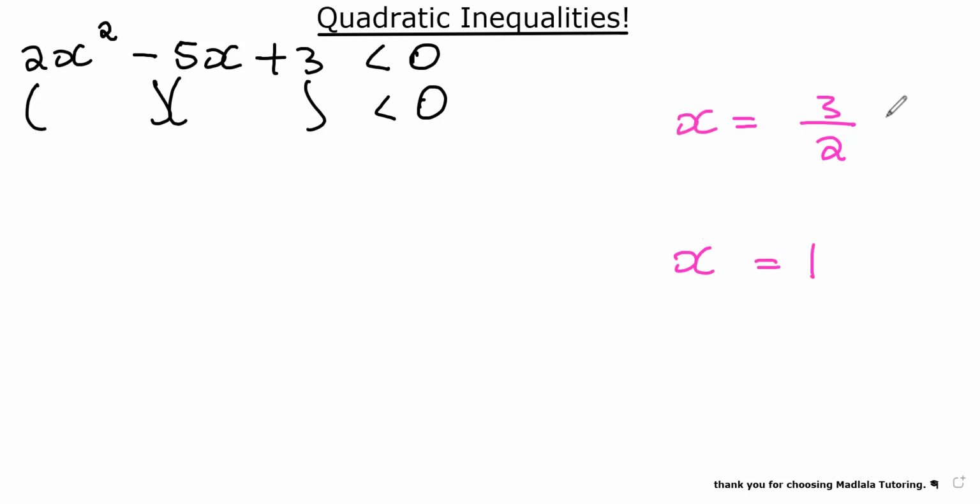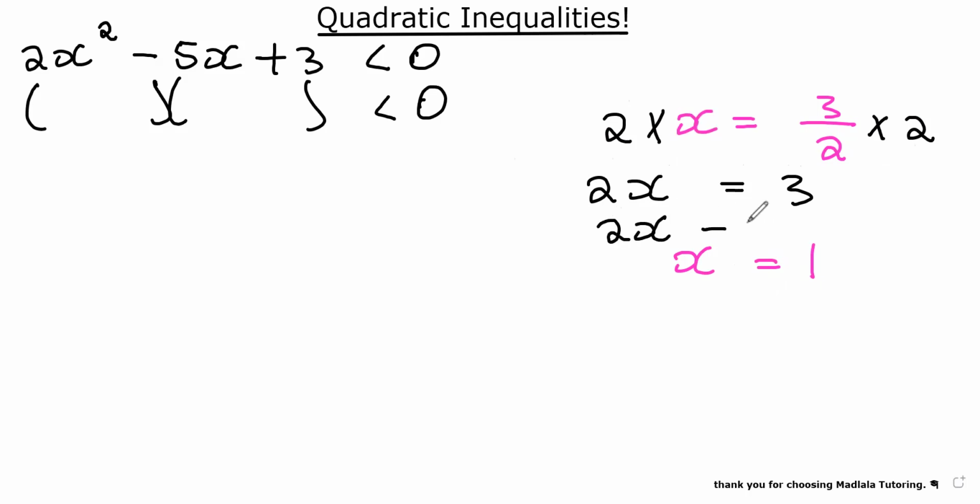Now this one, which is a fraction, we have to reverse it by multiplying both sides with the denominator so that we get 2x, which is equal to 3. And of course, if you take your 3 to the left, then this is what you get.